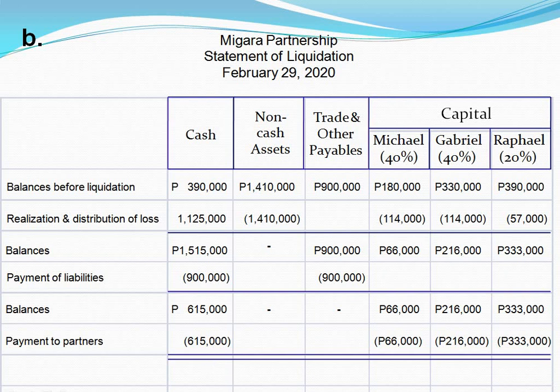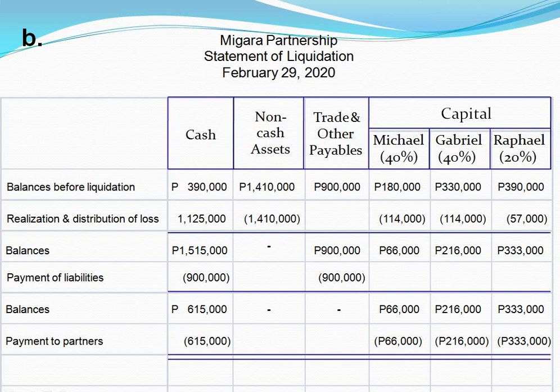A very common multiple choice problem involves the requirement to compute for the cash proceeds or cash received from the sale of the non-cash assets, with one of the partner's capital balance before liquidation, his profit and loss ratio, the cash settlement to that partner, and the carrying value of the non-cash assets sold as the given figures.